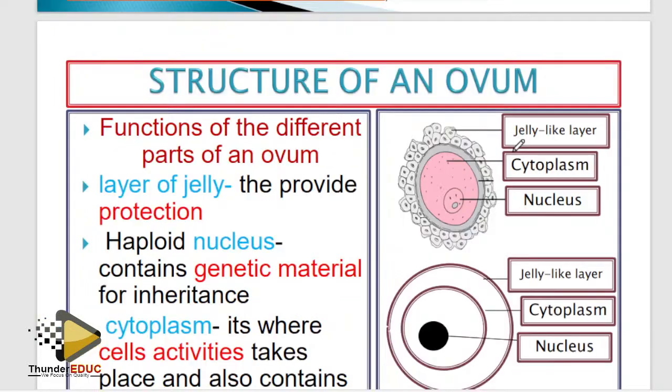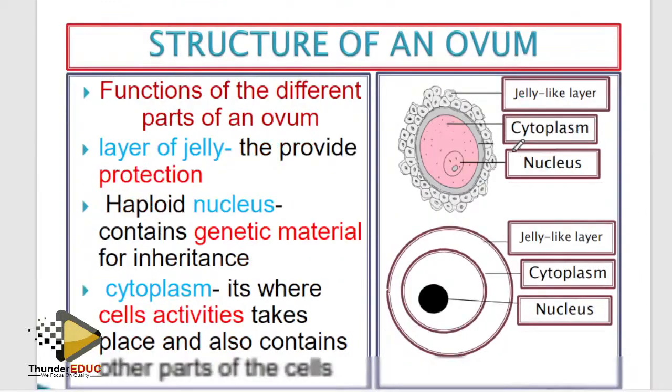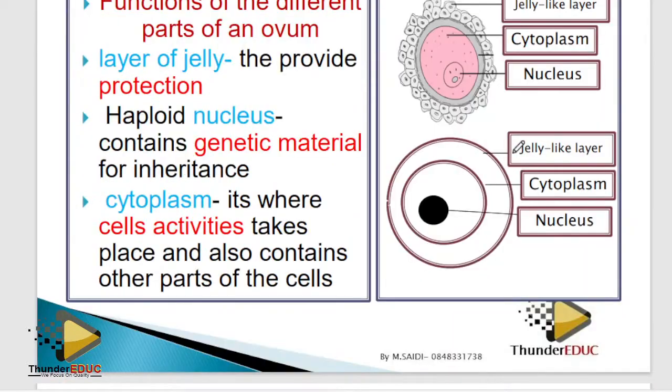Ovum, this is simple. Very few things they ask you here. Labeling, cool, you know it. But sometimes students confuse. The outer layer is called the jelly-like layer. The next layer you see here, this one is the cell membrane.